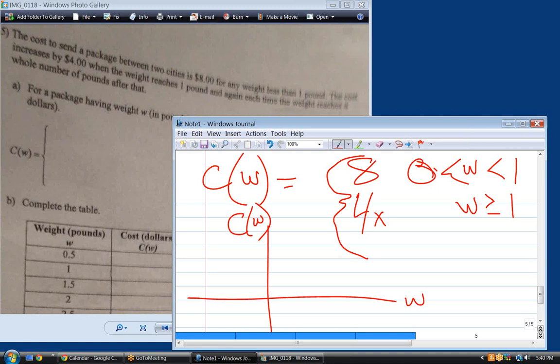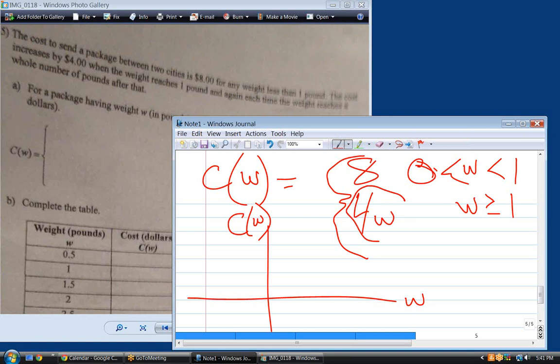Well, if W was 2, what would the cost be, according to what I've written? You got $12. Well, no, according to what I've written, if W is 2, the cost would be 8. It would be 4 times W. Excuse me, I keep writing x. I mean to write W there.